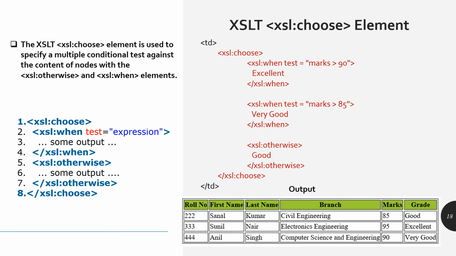Then for another condition, 85 to 90, we need to assign very good. Then the other condition is not specified here. In such a case good will be assigned, that is otherwise. If these two are not satisfied, we assign good.